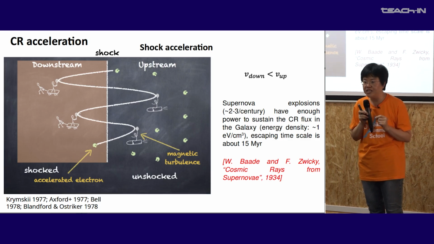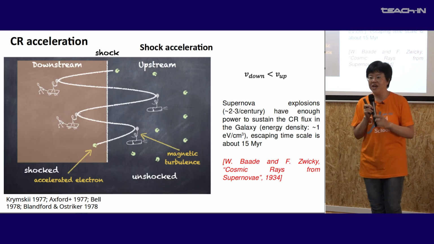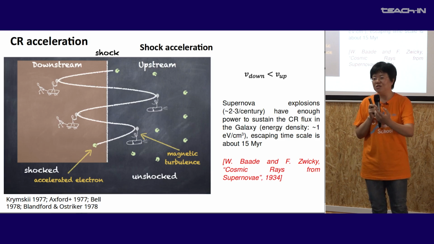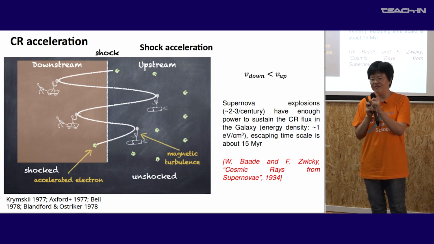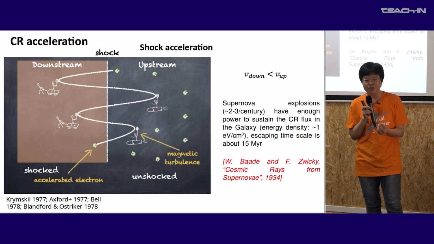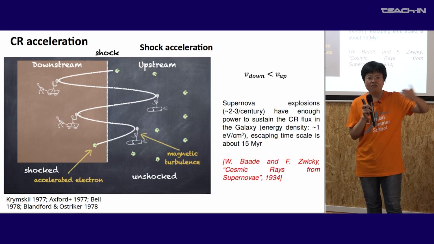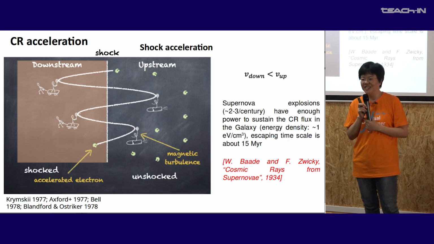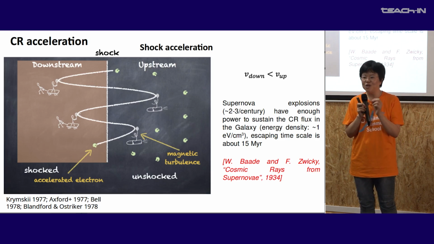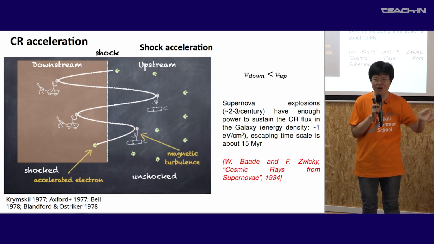And for the supernova rate in our galaxy, in 1 century there are kind of 2 or 3 supernova explosions. And if the cosmic rays are emitted from the supernova remnant, is there a chance they will leave our galaxy? There might be, right? And then we study, okay, how long will they take to escape our galaxy?